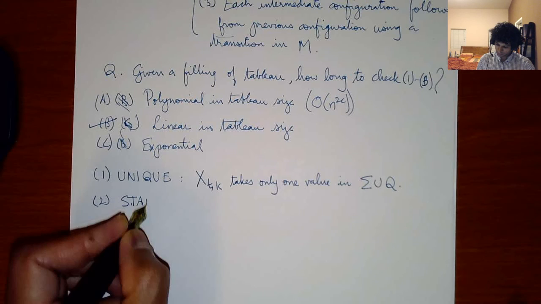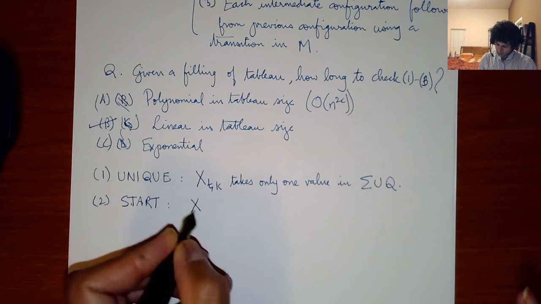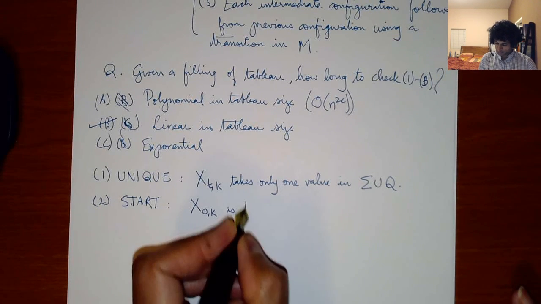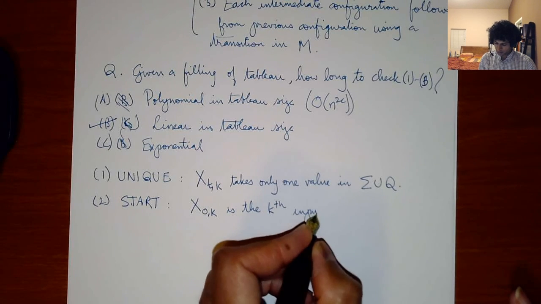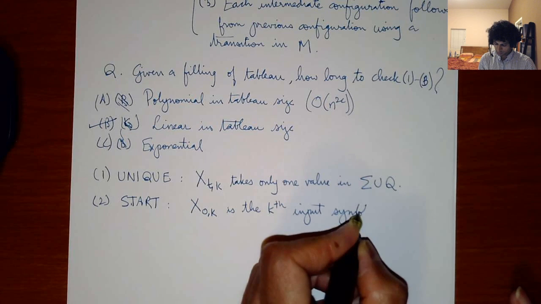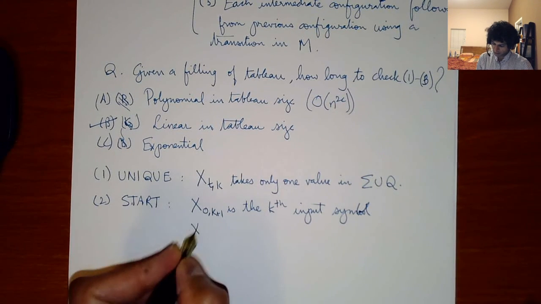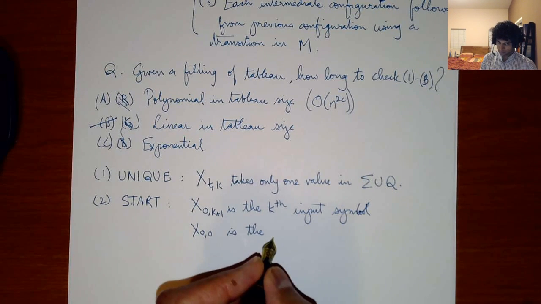Start: we'll say that x_0k is the kth input symbol, or maybe I should say k plus 1, because x_00 is the initial state.